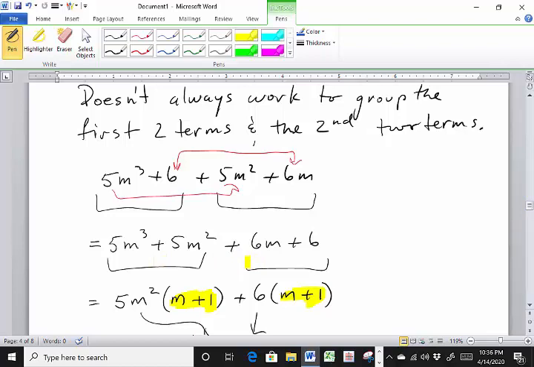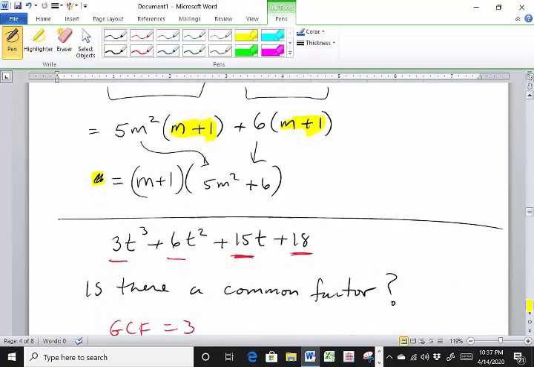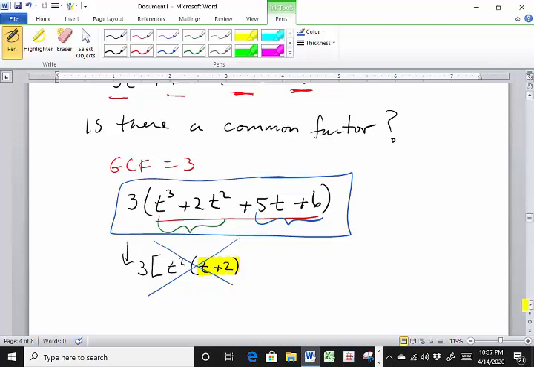If that didn't work, you'd try to associate 2 other terms together and do the factoring there. But there are times that things just can't be factored. So factoring by grouping may not work. And this is actually a case right here where factoring by grouping doesn't work. The only thing you could factor out is the GCF, which is 3.